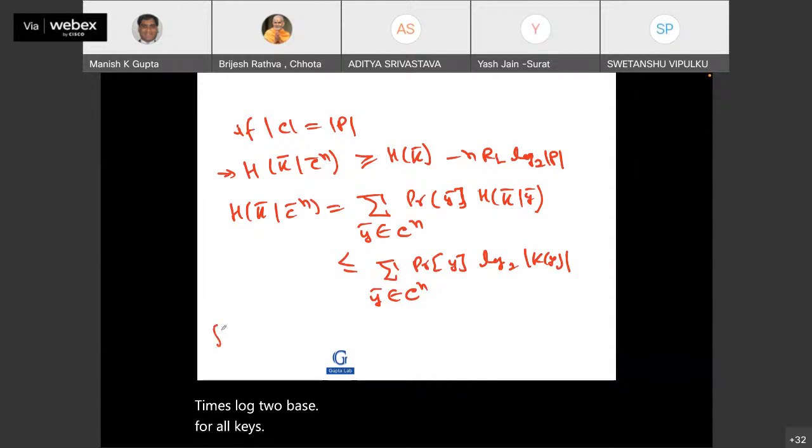Now we apply Jensen's inequality on log 2 base x.